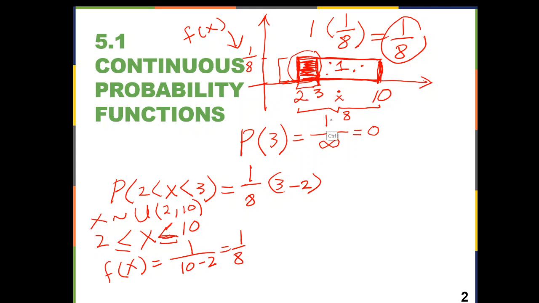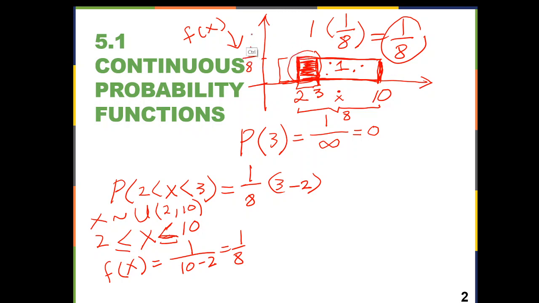Now, some students get confused with this because we say the height is the probability, and so every number has a probability of 1 over 8, just like in the histogram we did in chapter 2.